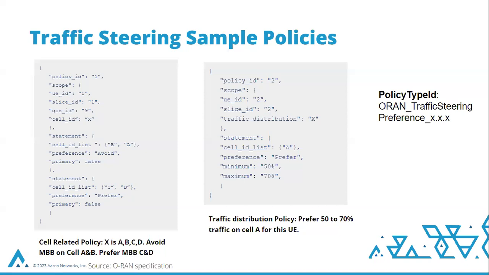So these are some of the sample policies, and all of these samples are defined in the data types of the O-RAN specification. We need to set the policy type ID, which is O-RAN traffic steering preference. We need to set the version, and all this JSON schema should be as per the specification here. So, next slide, please.